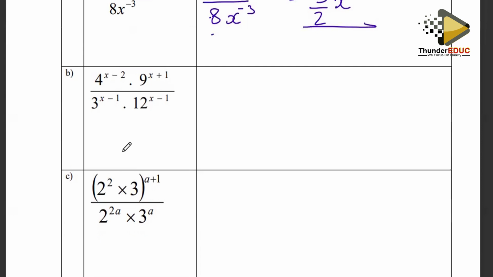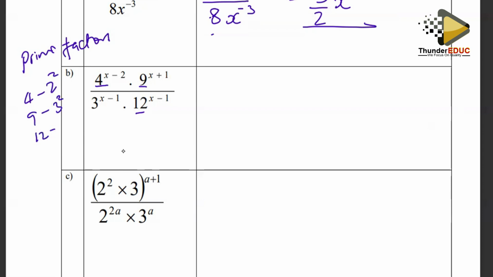Now, we have 4 to the x minus 2 times 9 to the x plus 1, and so forth. What I need to do here is change these bases into what we call the prime factors. Prime factors will be like prime numbers. We know that 4 can be written as 2 squared, 9 can be written as 3 squared.